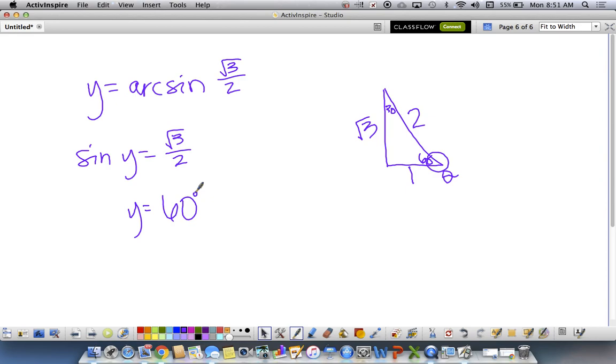We just did domains and ranges. It's from negative 90 to 90. This is the one that we're going to go with, the answer in our calculator, because it knows best. The only time we're not going to is when you're given 0 to 360 or 0 to 2 pi. That was really 6.2 when we solved equations.